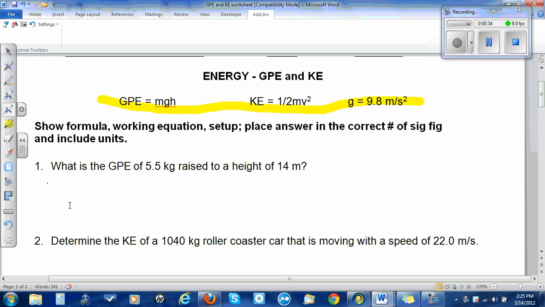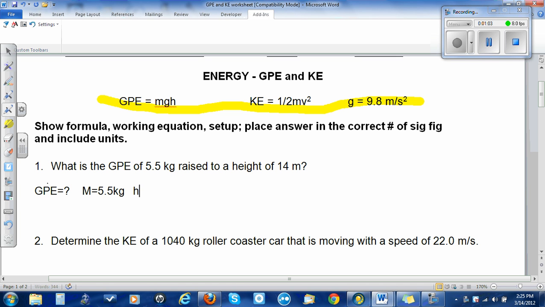And again, one of the first things I do is look at what is given to me. So I'm solving for GPE equals what? And I have a mass of 5.5 kilograms.